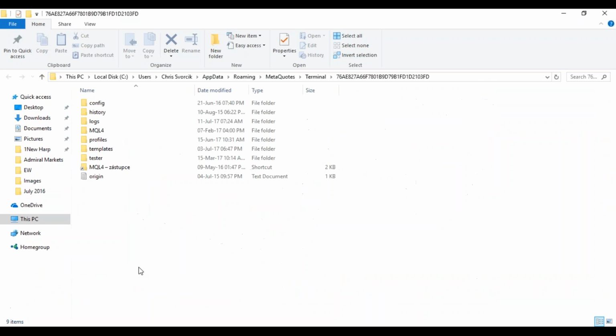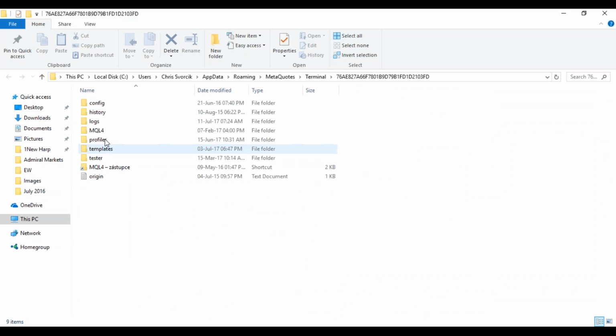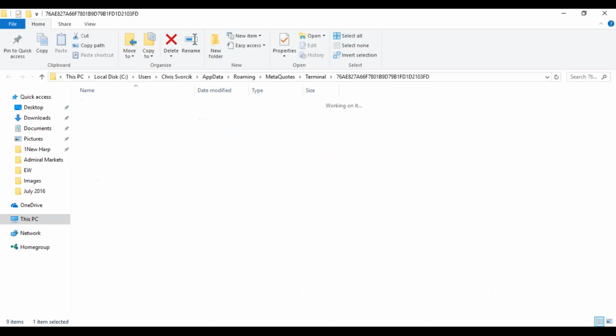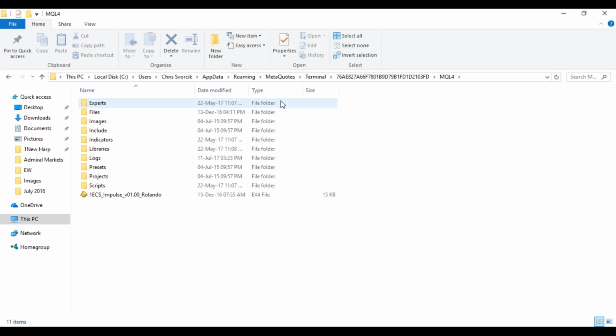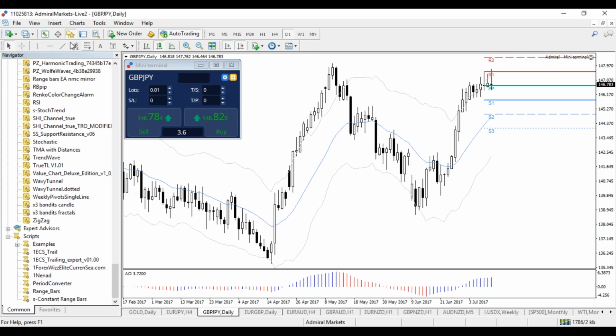And here it is. Now three of them are opening, of course. It's a bit slow there. Okay, so you want to open MQL4, and then you want to open scripts, and that's where you want to paste it. Then close the MT4 again, open it again, go to this yellow folder, go down to scripts, unfold scripts, click on the script, then drag it to the chart on the spot that you want to start.